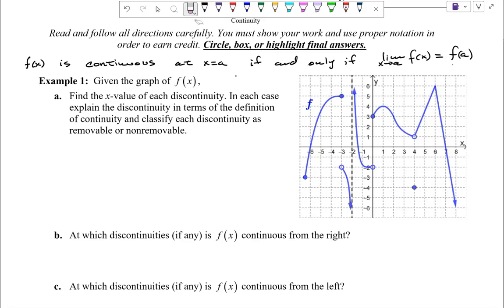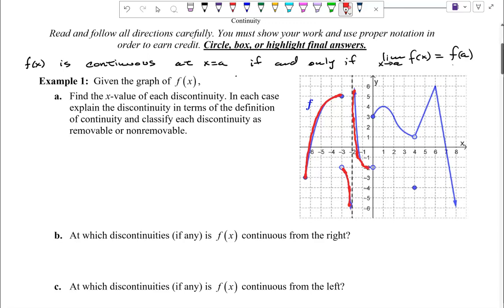So, looking at example 1, they give us this graph f of x. In part A, they want us to find the x values of each discontinuity. In each case, explain the discontinuity in terms of the definition of continuity and classify each discontinuity as removable or non-removable. So if we take our pen and start tracing the curve, we notice that we have to pick it up here at x equals -3 and then put it back down there. Pick it up again at x equals -2 and put it back down like that.